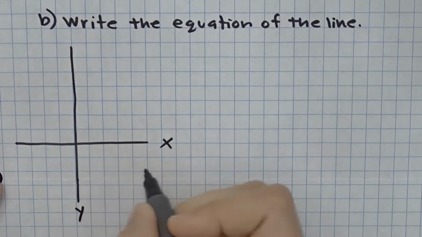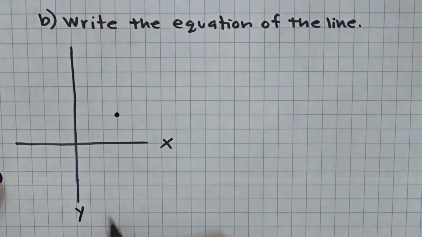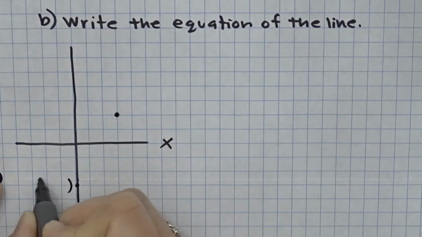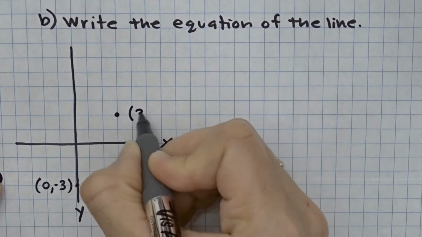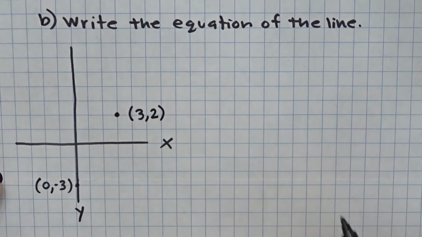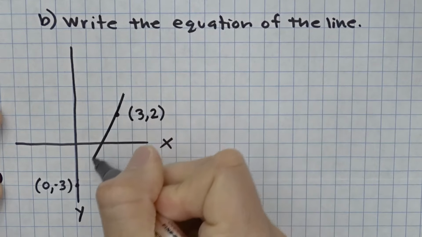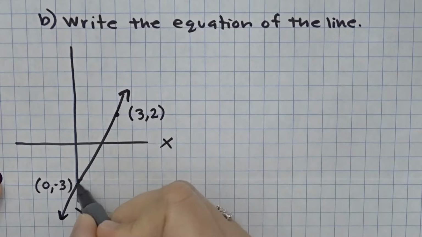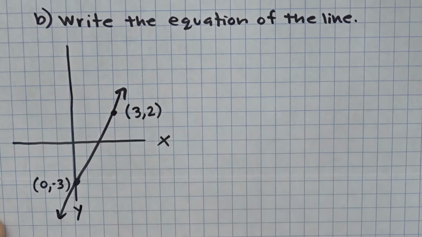The first point is 3, 2. And the second point is 0, negative 3. And so the line goes through those points, and we're trying to find the equation for this line. And it's important that they gave us those 2 points because it helps us find our slope between them.